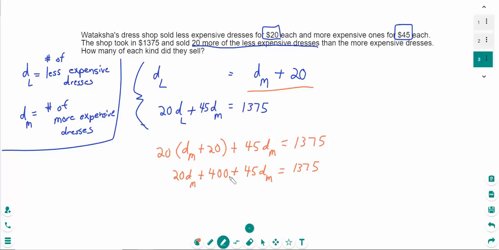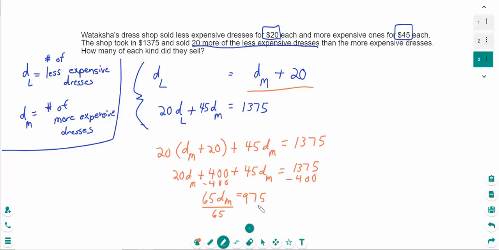Combine these, 20 D sub M and 45 D sub M is going to be 65 D sub M. And then I'll move this 400 over to the other side, and that's going to give me 975 on the right. Then I can divide this out.